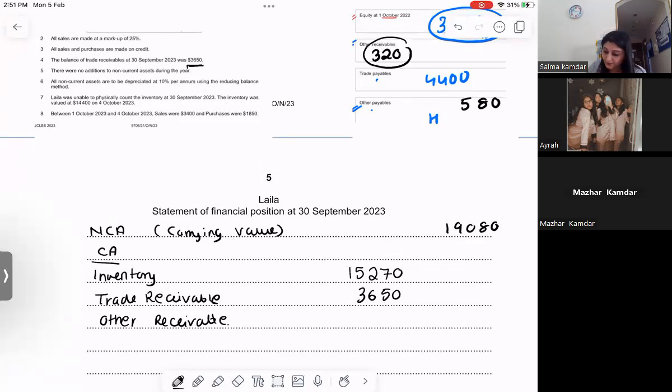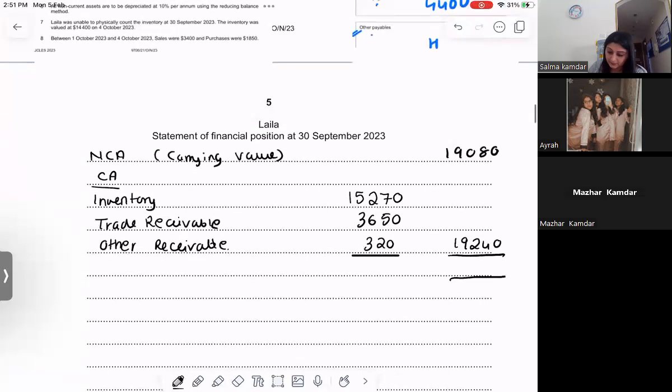Other receivables we found out, 320. So the total will become my total assets. Are you getting this figure?